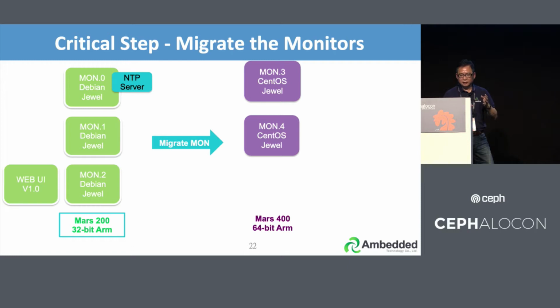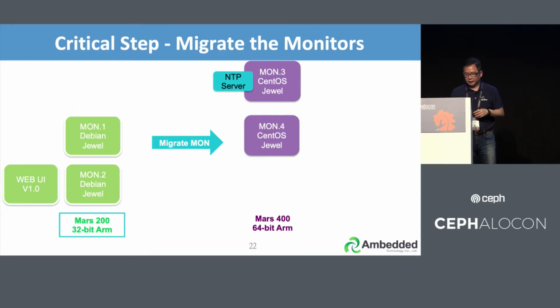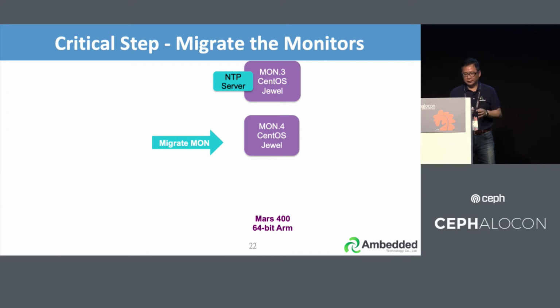After that, we can start to kill, delete those old monitor nodes. But before that, we have to change the NTP server from the old monitor node to the new monitor node. And then we kill them one by one.